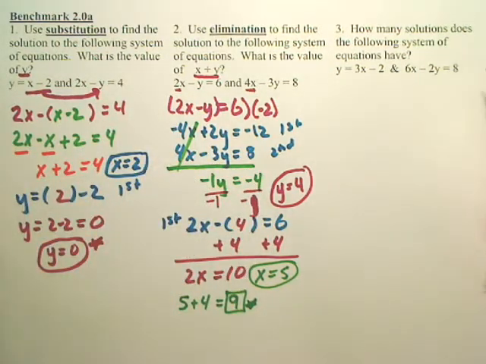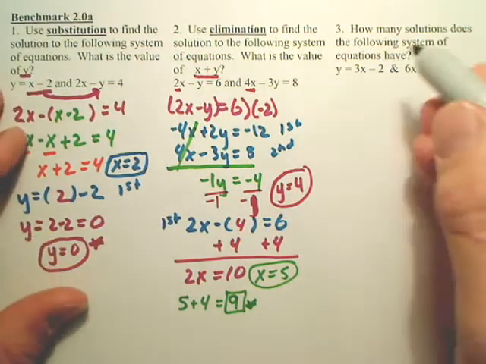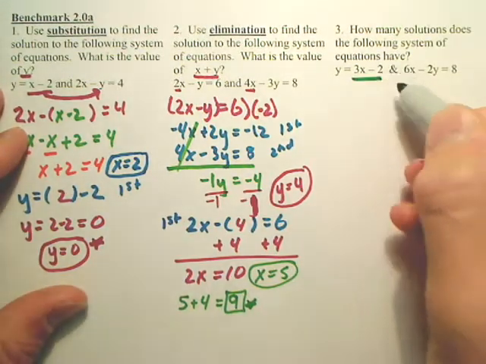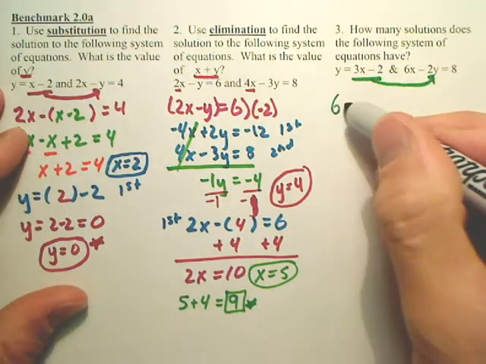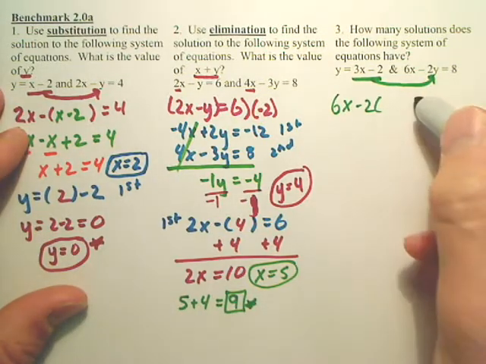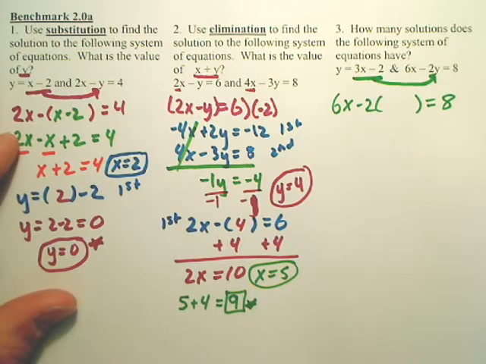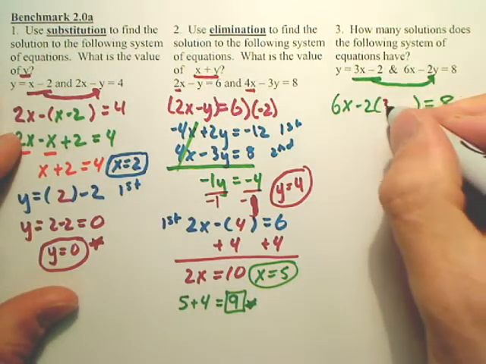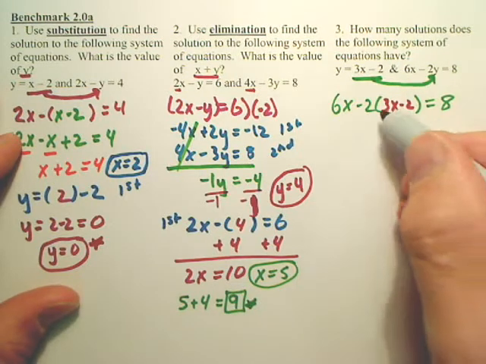Now looking at this problem, which method probably is easier? I would say substitution, because isn't one of them solved for a variable? So I'm going to use substitution and take this guy and plug it in right there. When I do that, right here is going to be 3x minus 2, because you put 3x minus 2 for y.